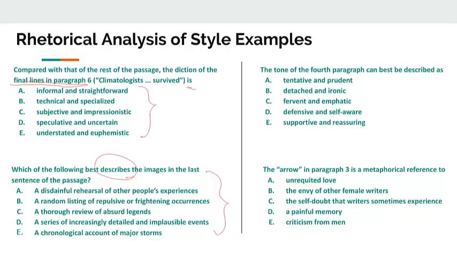Up here it was how would you describe the word choice? The tone of the fourth paragraph can best be described as... The arrow in paragraph 3 is a metaphorical reference to... So, again, getting at what is being done here, not which one is a metaphor, but how the metaphor is being used.